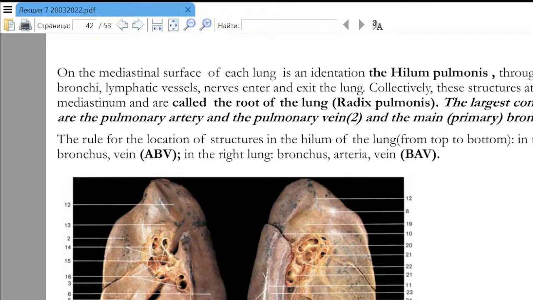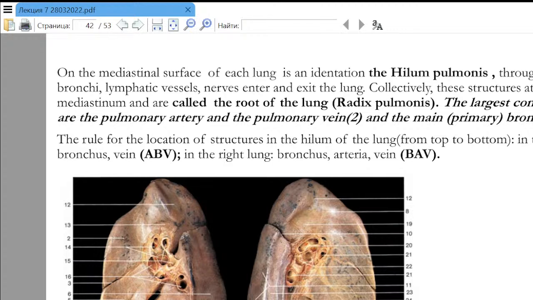The rule for the location of structures in the hilum of the lung, from top to bottom: in the left lung, artery, bronchus, vein.